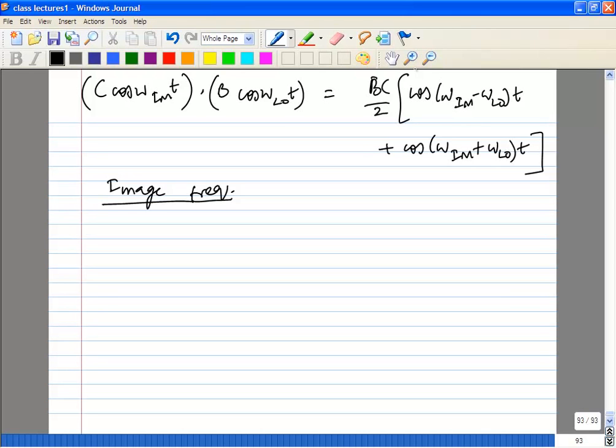So what is your image frequency? It is omega LO plus omega IF, or you can also write it as, sorry, did somebody say something?